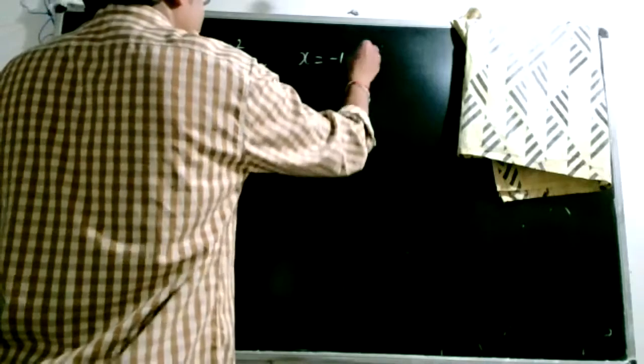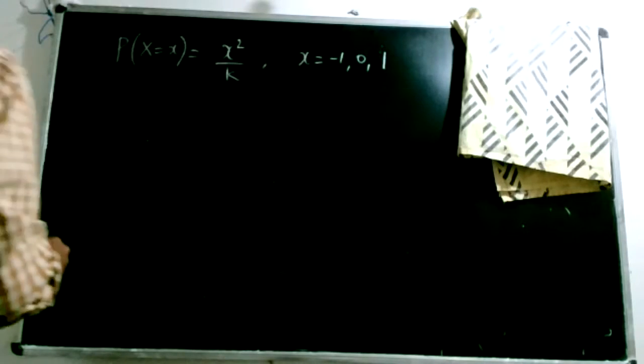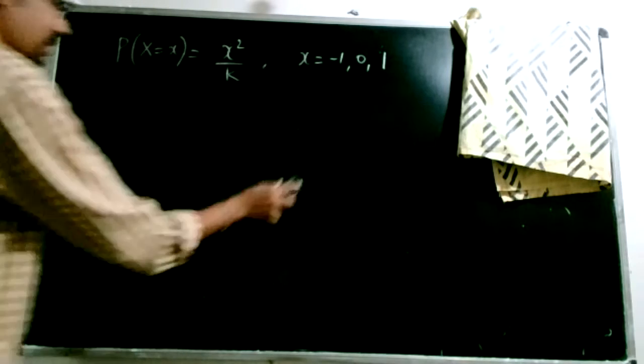Let me say p of x is equal to x squared by k, if x is equal to -1, 0, and 1. Obtain moments and verify from the MGF.